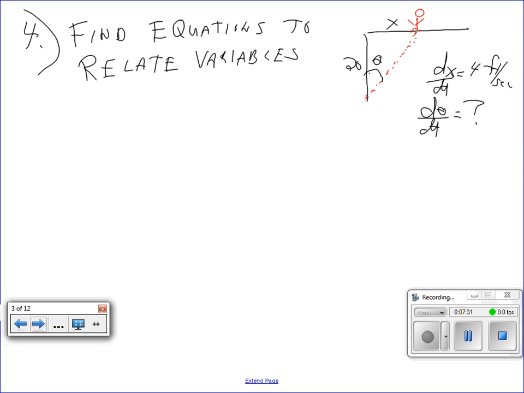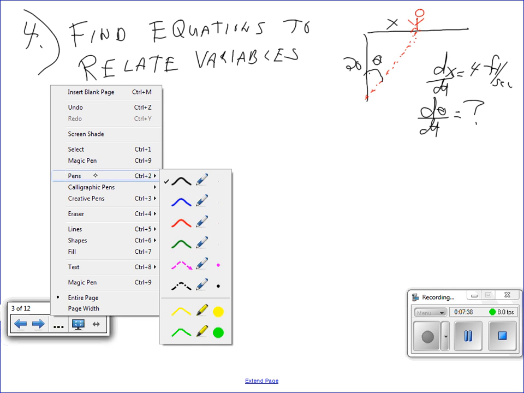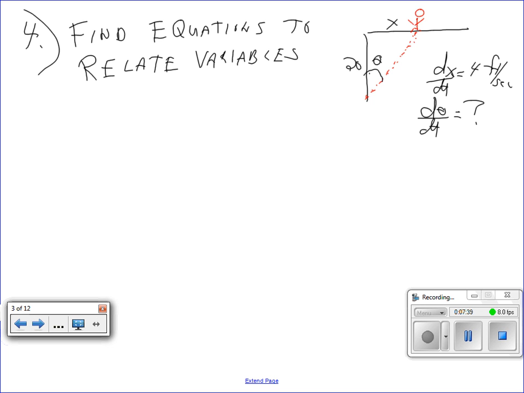Okay, the next thing we want to do, this is a related rate problem. We know the rate dx/dt. They want us to find d theta/dt. So we need a relationship between x and theta. We've got a right triangle, so triangle trigonometry. We've got opposite over adjacent, which looks like the tangent.